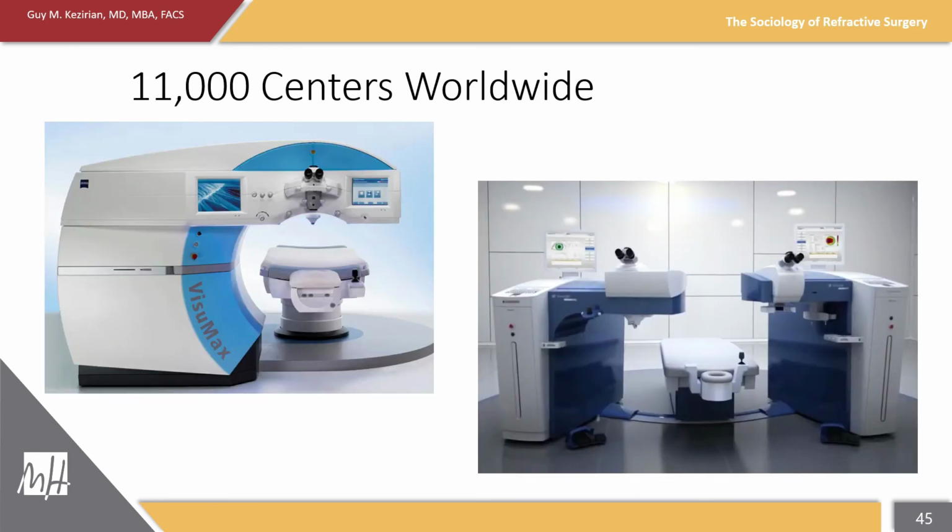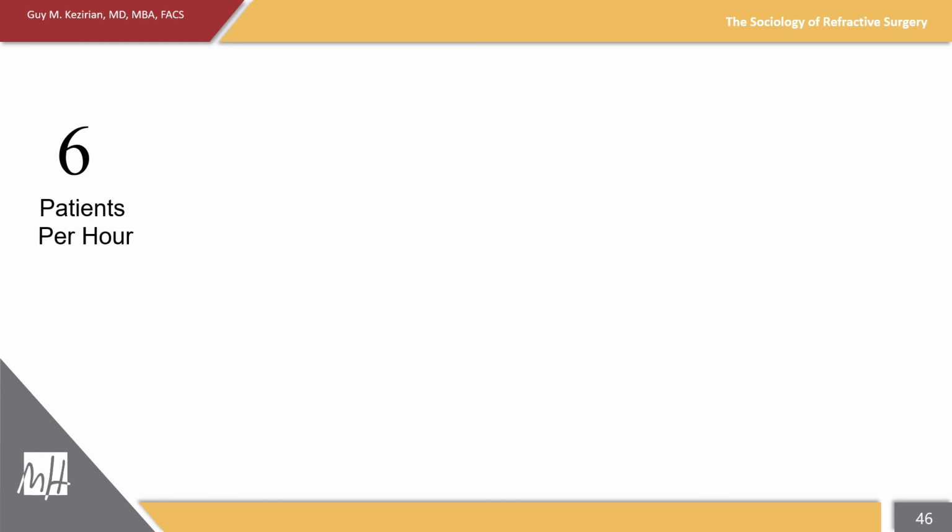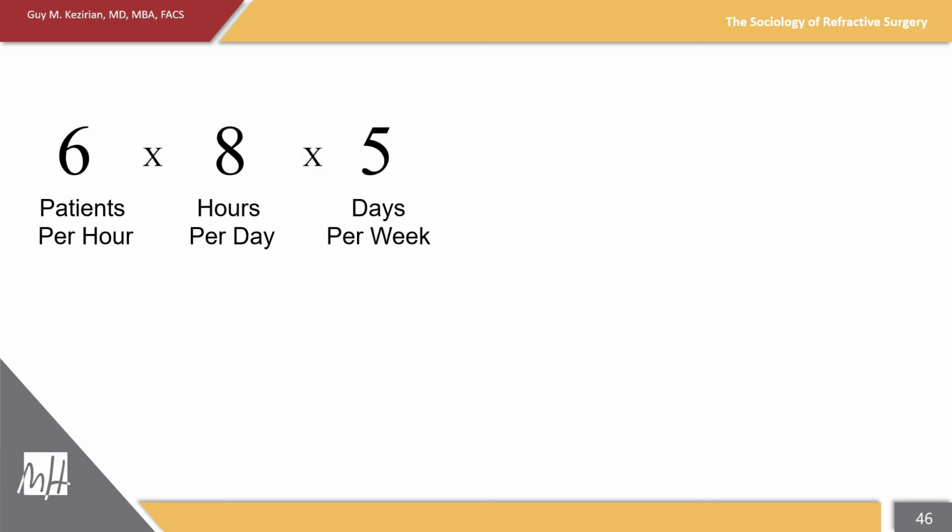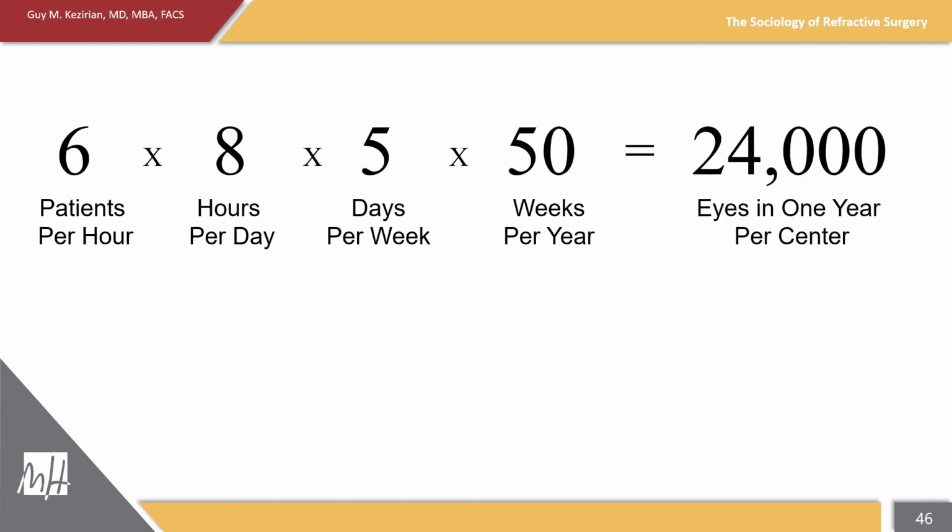Today, we have about 11,000 refractive centers worldwide. Centers that, let's say, have excimer lasers and some kind of keratome, whether it's a femtosecond laser or not. If a center does 6 patients per hour, which is very doable, for 8 hours per day, and does this 5 days a week, 50 weeks per year, then that one center could feasibly, theoretically treat 24,000 eyes in 1 year.